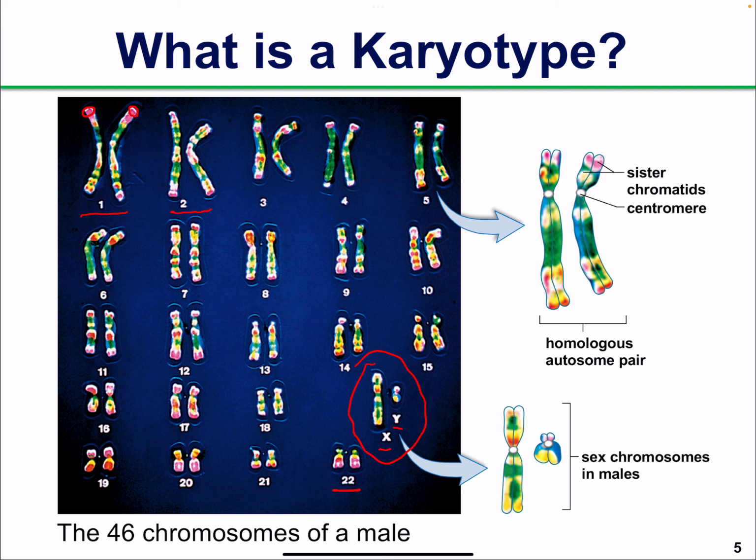However, we are still going to say that X and Y are homologous chromosomes for their function, right? They determine the sex of an individual. That is the only reason why we are going to classify them as homologous chromosomes. However, in a female that has two X's, right?